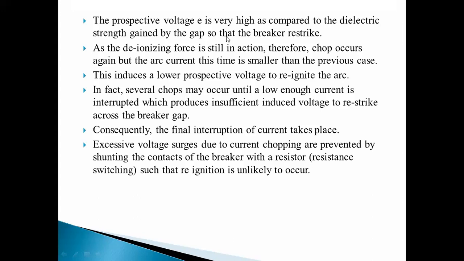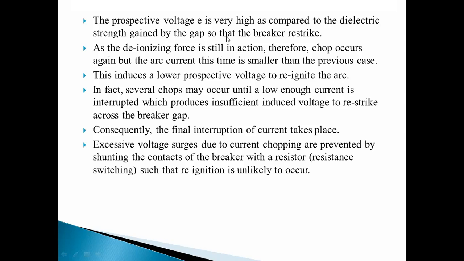त्यामुळे काय होते, the chop occurs again, but arc current this time is smaller than the previous case. At the time of that restriking, the arc current becomes less, and this induces a lower prospective voltage to reignite the arc.